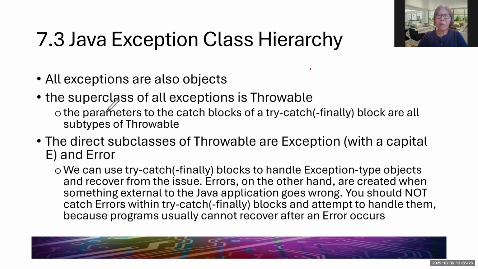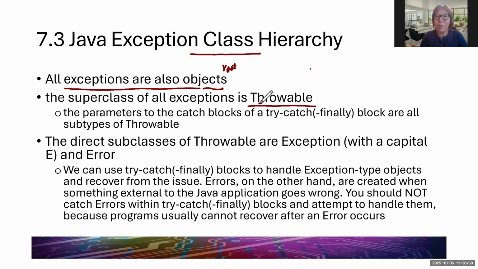In Java, exceptions also have a class hierarchy. No matter what, all exceptions are also objects, because Object is the root class of all Java classes. For exceptions, there is a superclass called Throwable.